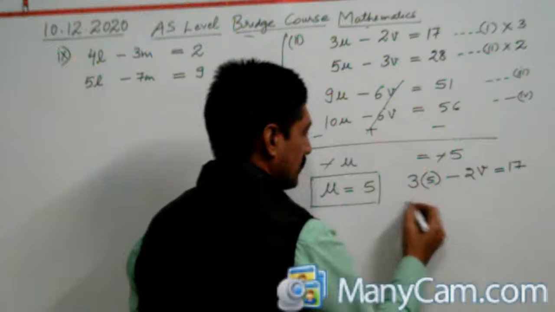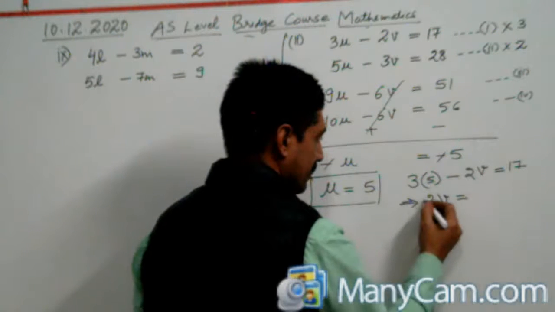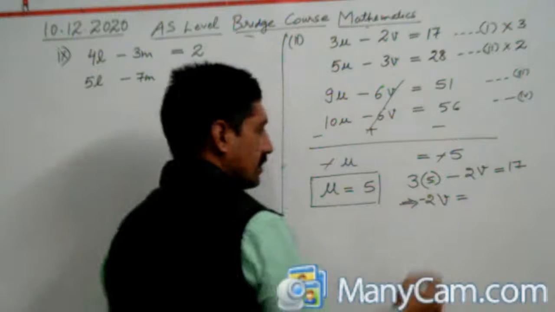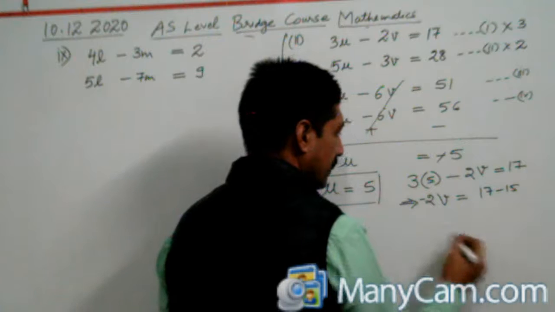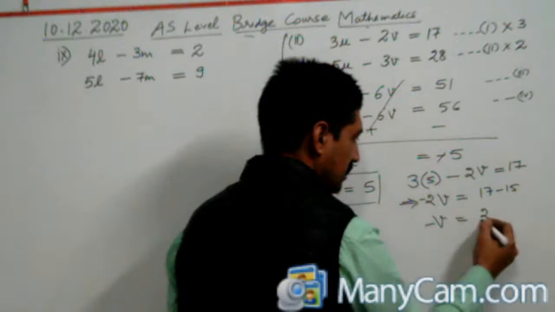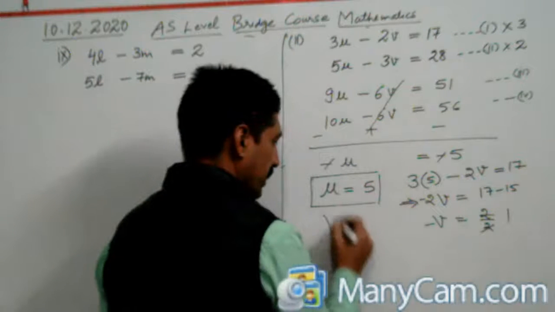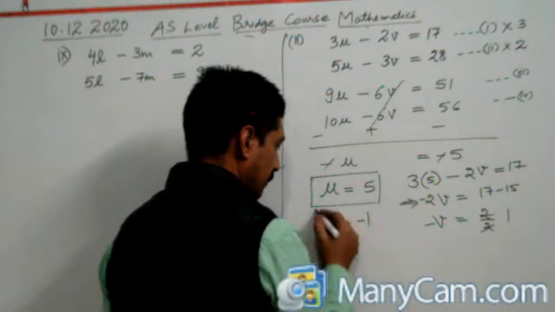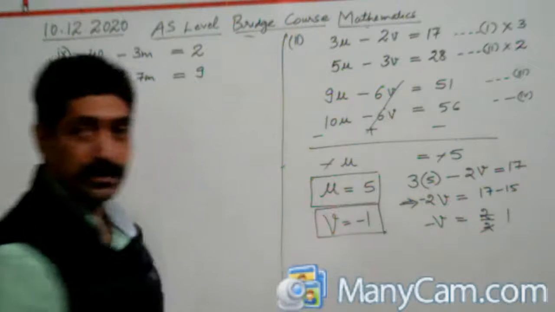So this implies that minus 2v is equal to 17 minus 15, right? So v is equal to 2 upon minus 2, so v is equal to minus 1. These are the solution of the equations, right?